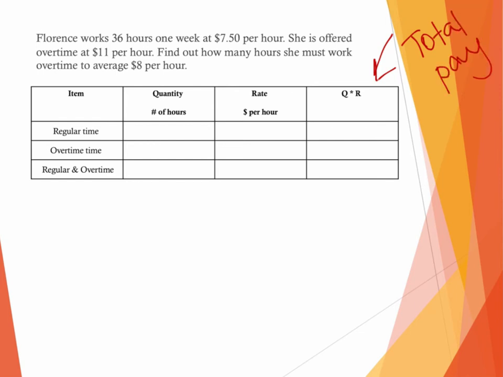So the number of hours of regular time is 36, and she gets $7.50 per hour for it. She's offered overtime at $11 per hour.